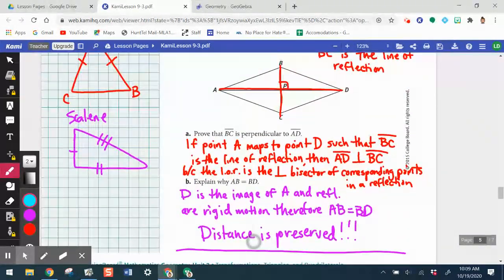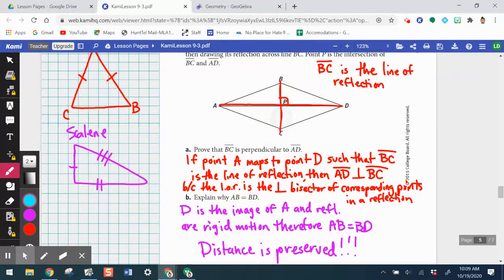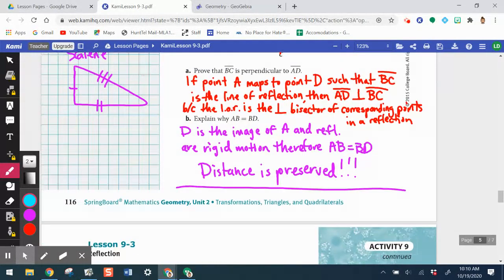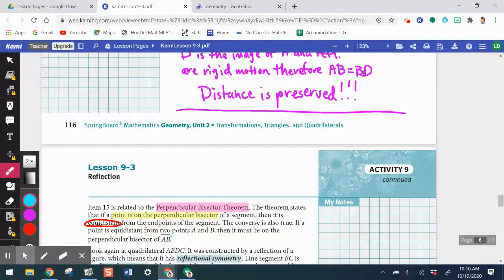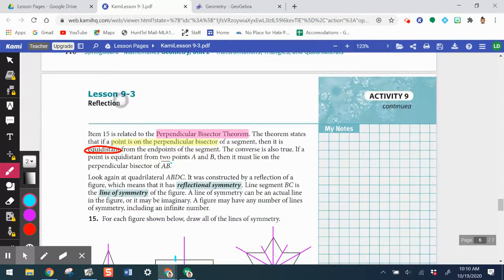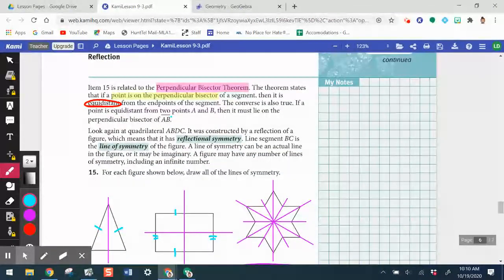If I could cut out this quadrilateral, I could fold this triangle ABC along BC so that this triangle would map perfectly onto triangle BDC. And that lets us know, if we can fold it perfectly across that line, that it does in fact have reflectional symmetry, and that line is the line of symmetry.